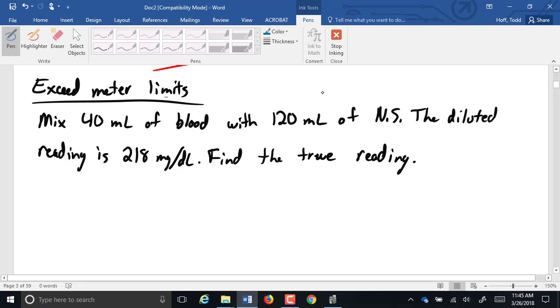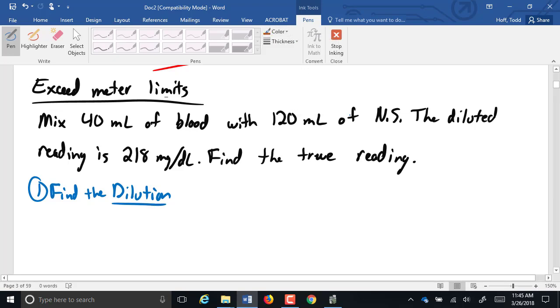So there are two things we have to find here, one intermediate step. Can anybody tell me what the first thing we have to find is? We have to find the dilution of the blood in saline.